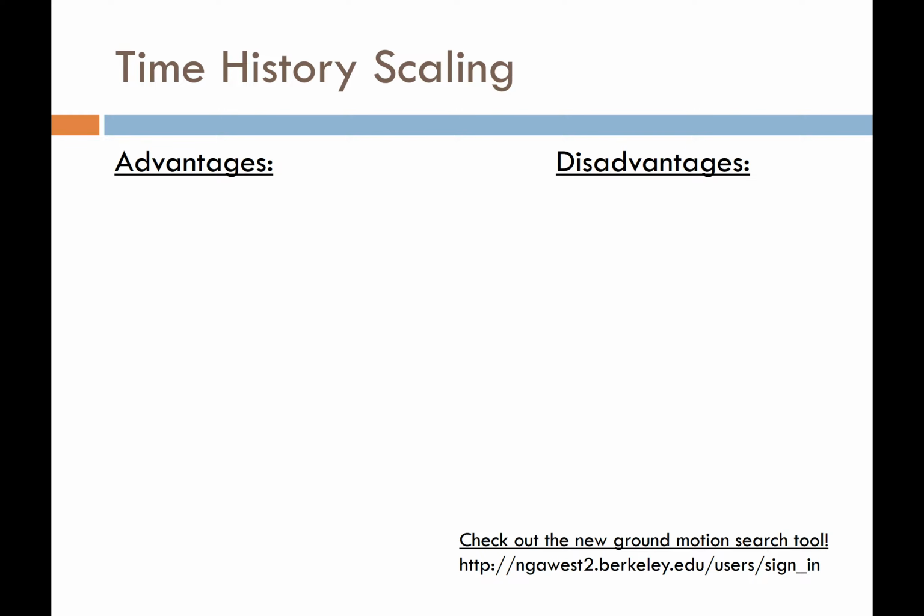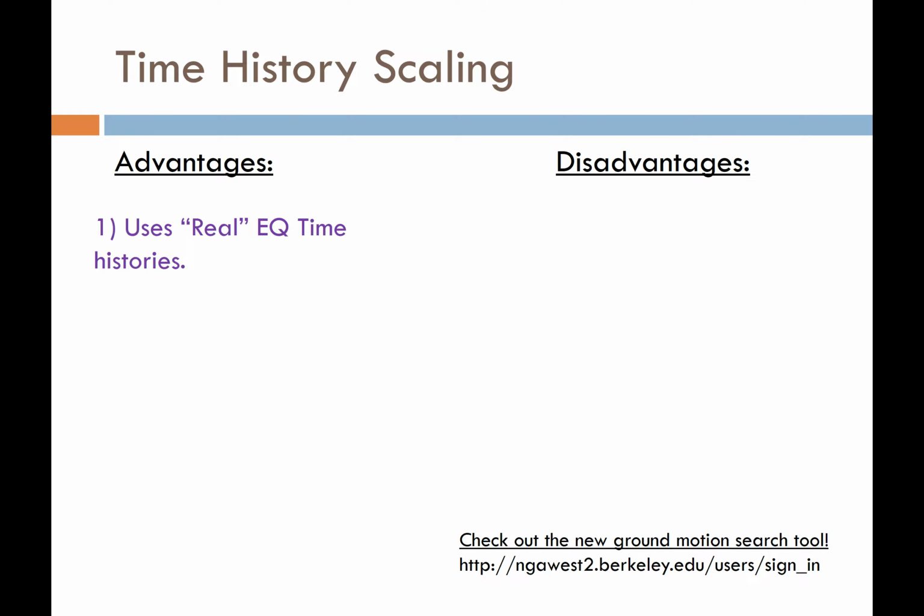So let's go ahead and review some of the advantages and disadvantages of time history scaling. One of the advantages is it uses real earthquake time histories, and I have real in parentheses because these are the raw, true, recorded time histories from actual earthquakes.